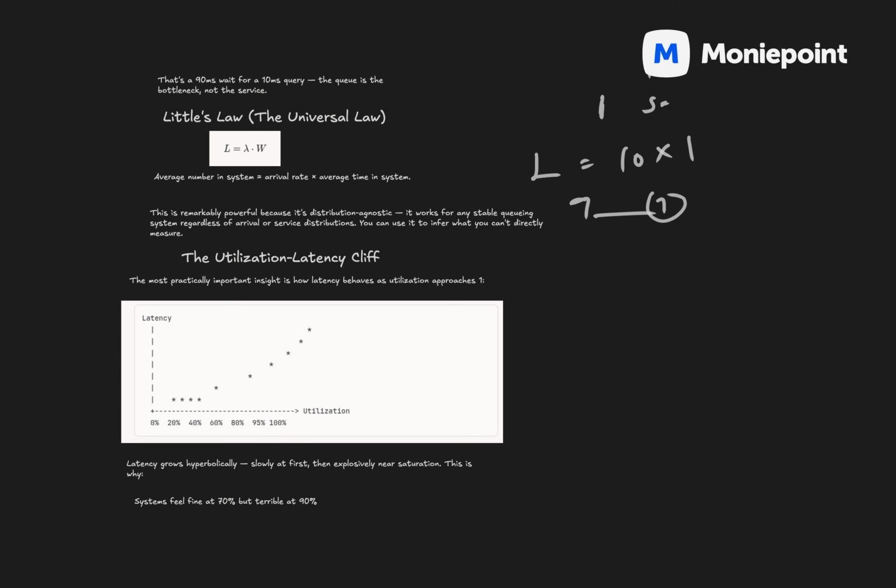What I'm trying to say is that these formulas are supposed to be a base for you to start your analysis, right? But you cannot swear by it. If you swear by it, you'll be wrong, right? So I came up with a simple example here. A database does about 90 queries per second. That's the arrival rate.